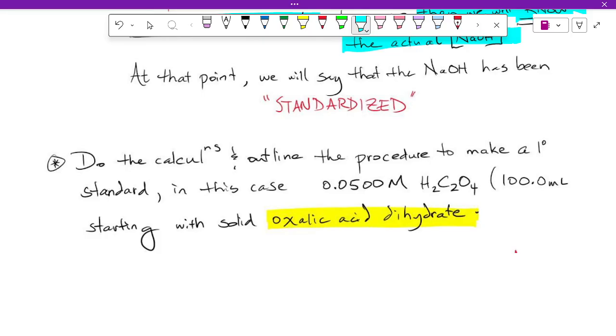Okay, when in doubt, find moles. So you have 100 milliliters of oxalic acid dihydrate. If you need extra paper, does anybody want paper?